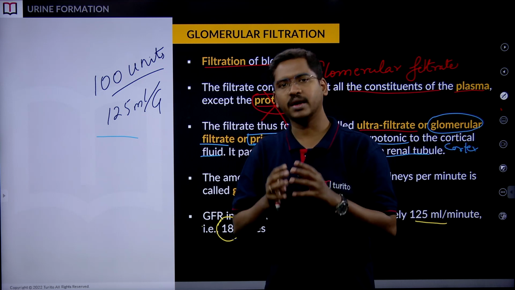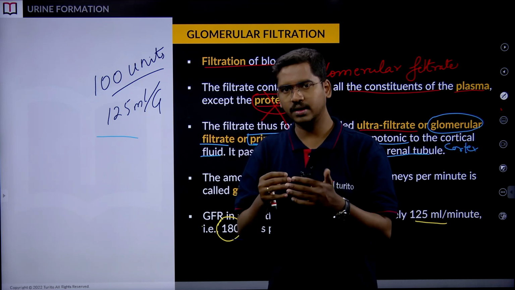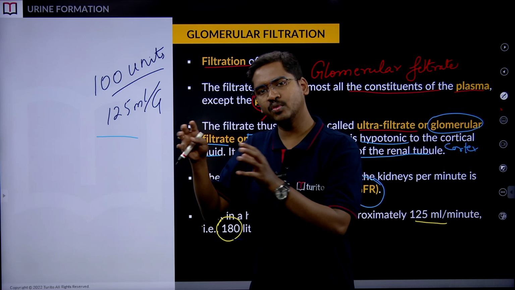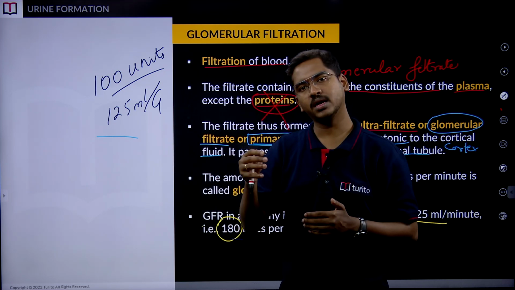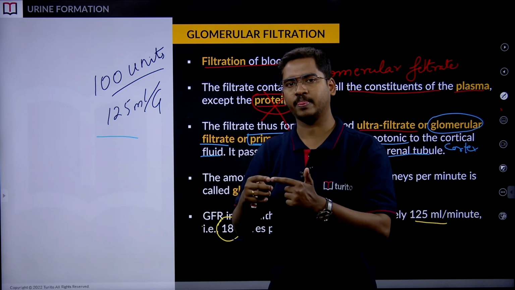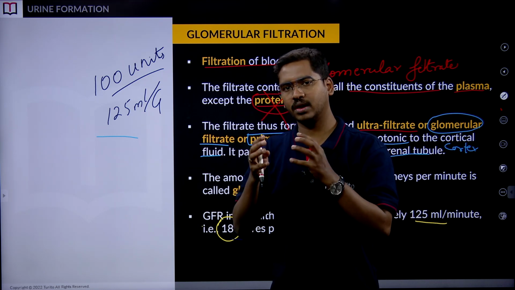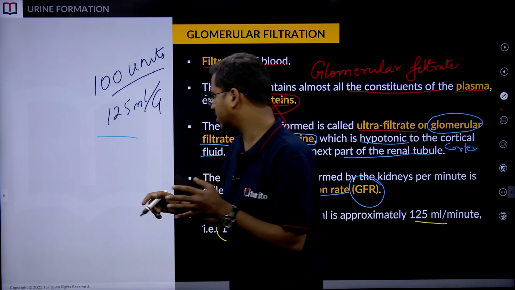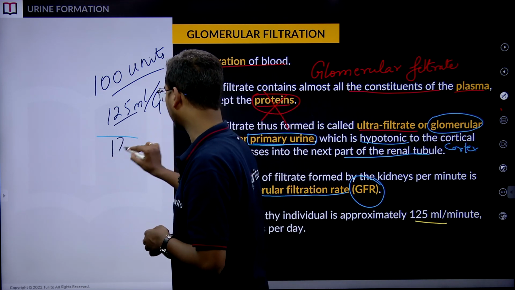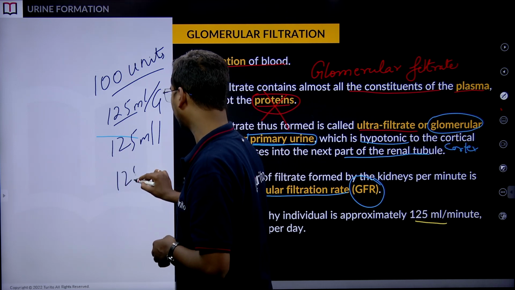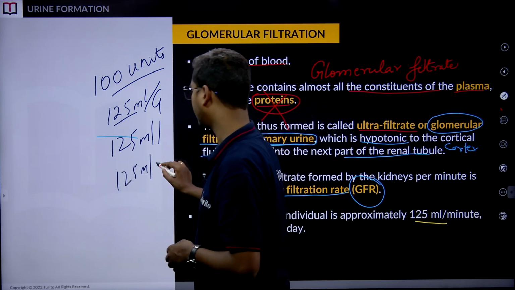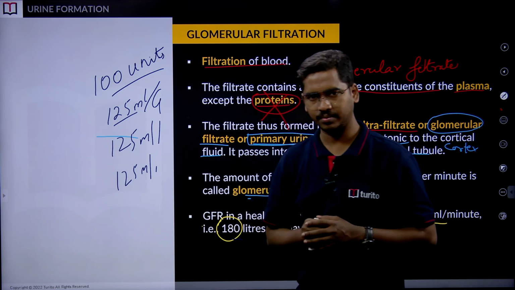Now, the first set which was already filtered earlier will again visit the filtration system in the Bowman's capsule and will get filtered again. So, hope you understood that. Likewise, the first set is 125 ml, the second 125 ml for the second minute, then the third 125 ml for the third minute. That happens continuously.